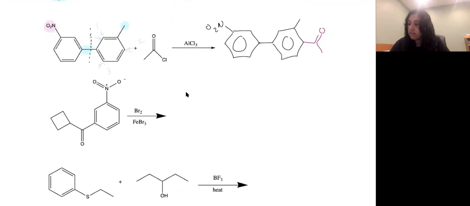Okay, the next one. From the reagents, which reaction are we doing? We're doing halogenation, and we're going to add a bromine. So now we have to look at the directing effects and see where the bromine is going to get added. This NO2 group is what kind of director?